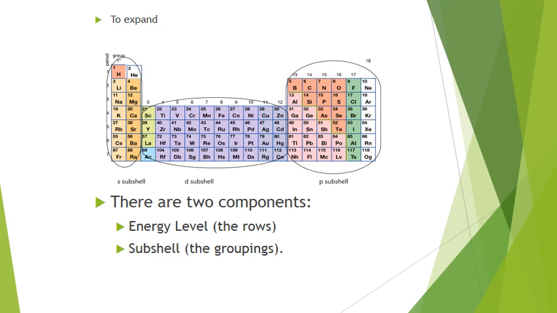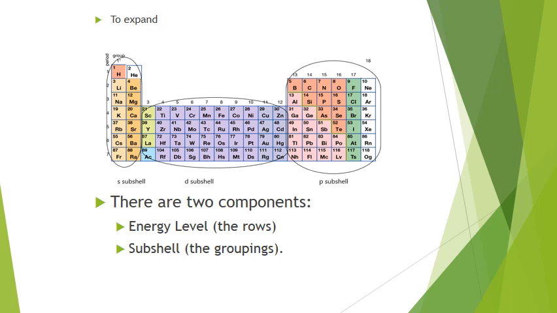So if you count across, there's 1, 2, 3, 4, 5, 6, 7, 8, 9, 10. Just a little thing here: notice it goes from 57 to 72. That's because there are some elements down at the bottom that I left off, and we're not going to deal with those.